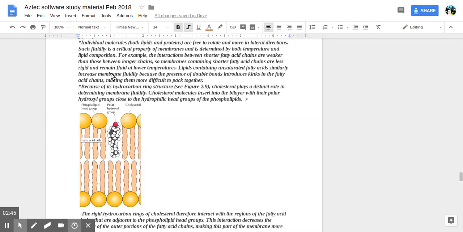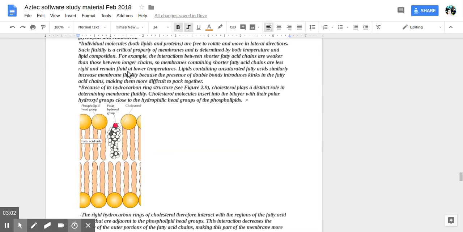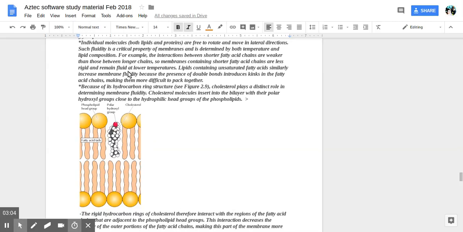So these ones are more fluid at lower temperatures. If it's colder, they're not as rigid because the linking is not as strong between fatty acid chains.